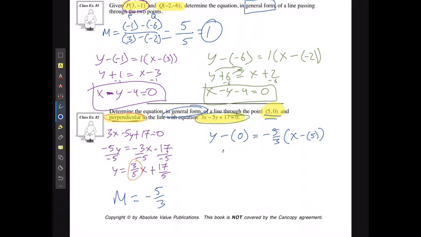This is just going to simplify to y, and this side, when I multiply it out, is going to be negative 5 over 3 times x, which is negative 5 over 3x. Negative 5 over 3 times negative 5 is going to give me positive 25 over 3. Well, because I don't like fractions, I'm going to multiply both sides by 3.